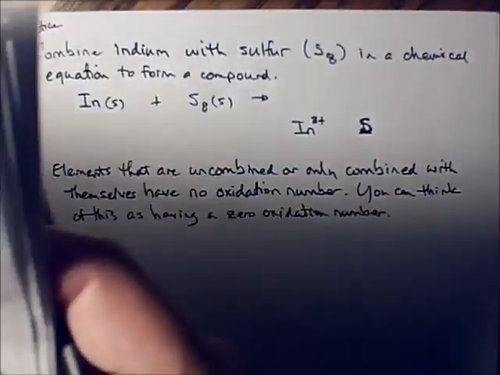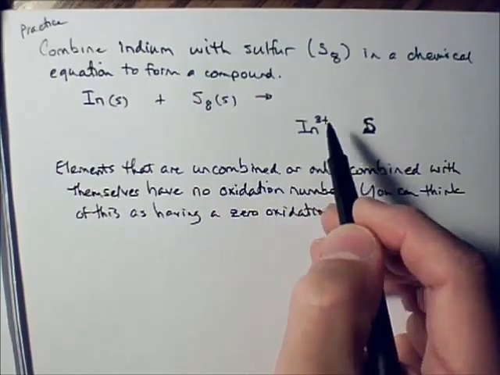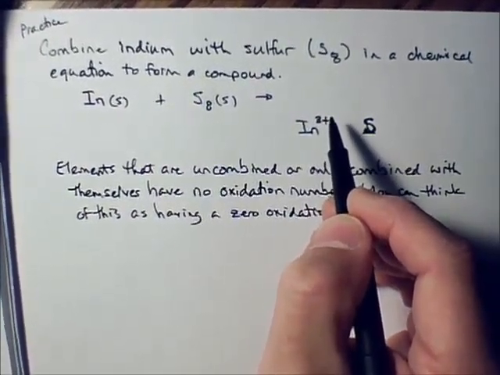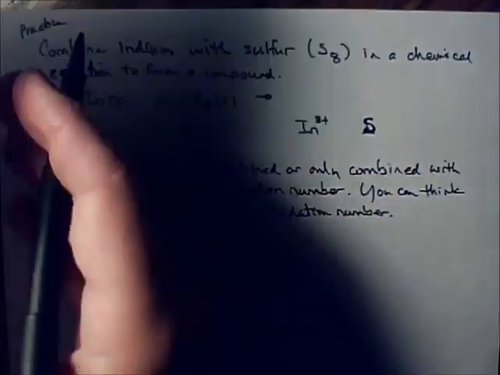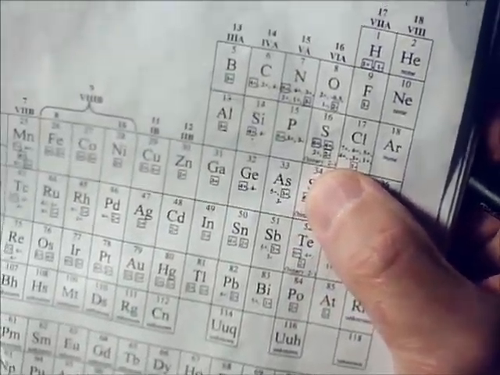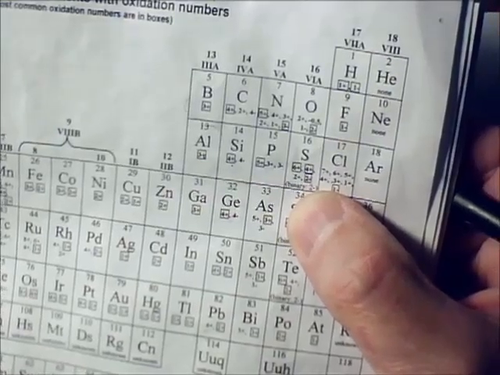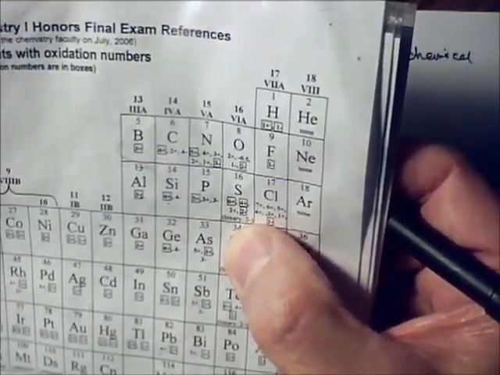To get a balanced compound, I have to have an equal number of plus and minus charges. Since sulfur has all these different charge numbers, the only one we can use is the one that's negative, because I've got to have an equal number of positive and negative charges. So we have to use the 2 negative.